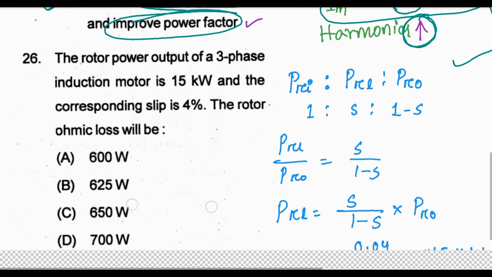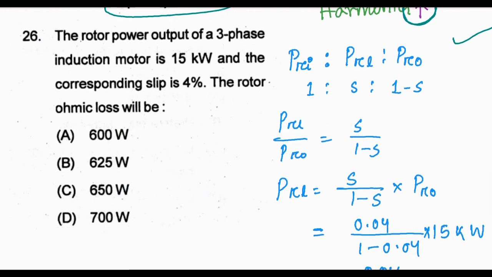Next question: the rotor power output of a 3-phase induction motor is 15 kilowatt and the corresponding slip is 4%. The rotor ohmic loss will be? This is very easy. We know that the ratio of rotor input power to rotor loss to rotor output power is 1 : S : 1 minus S, where S is the slip.